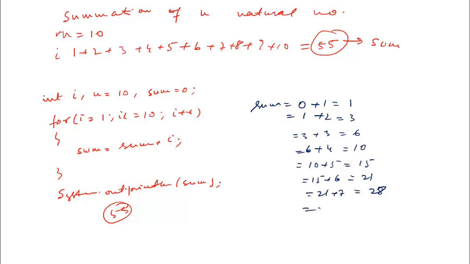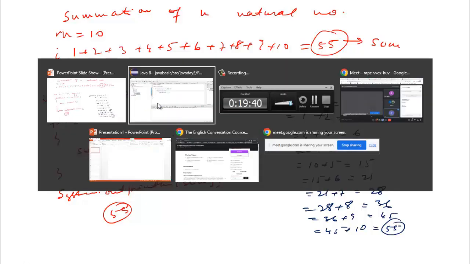Then 28 plus 8 will be 36, and 36 plus 9 becomes 45, and then 45 plus 10 will be 55. After 10, i becomes 11, then the loop will exit and it will print the total sum.